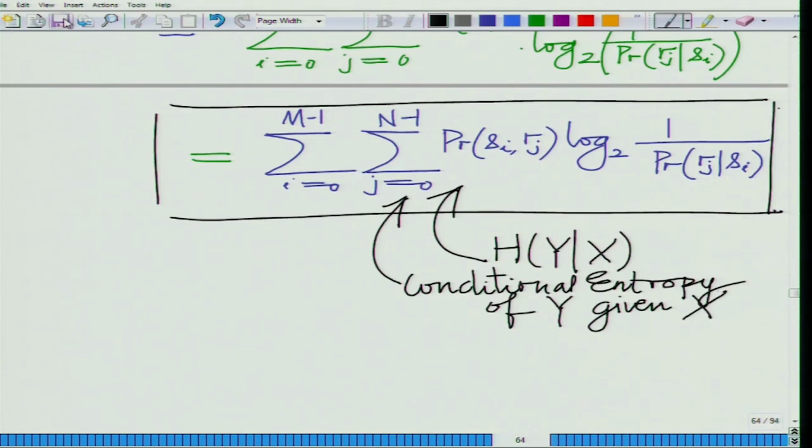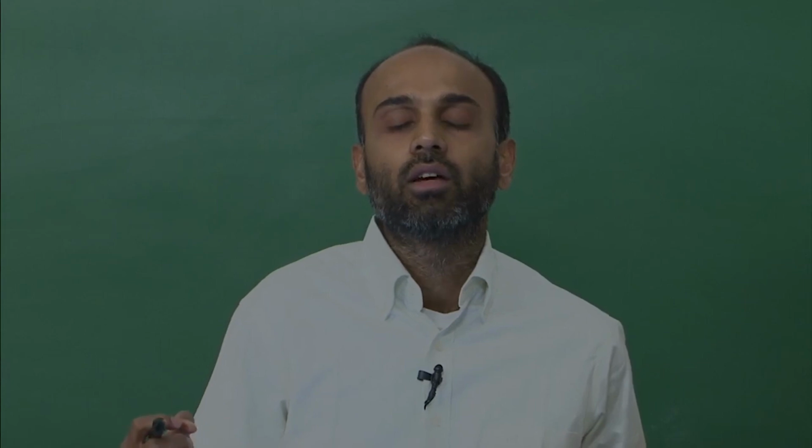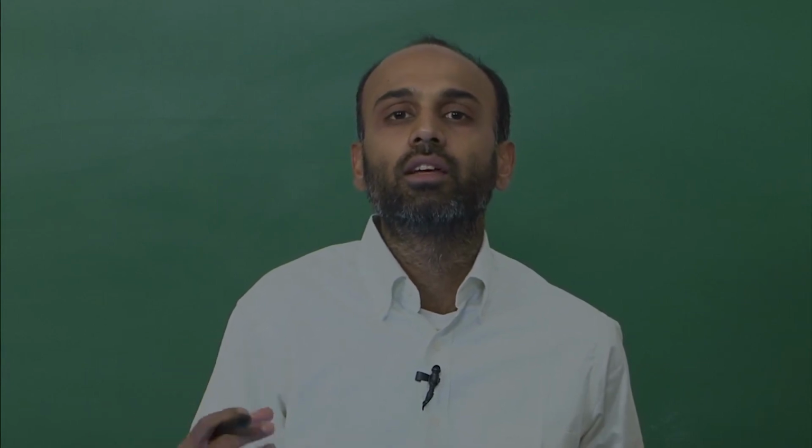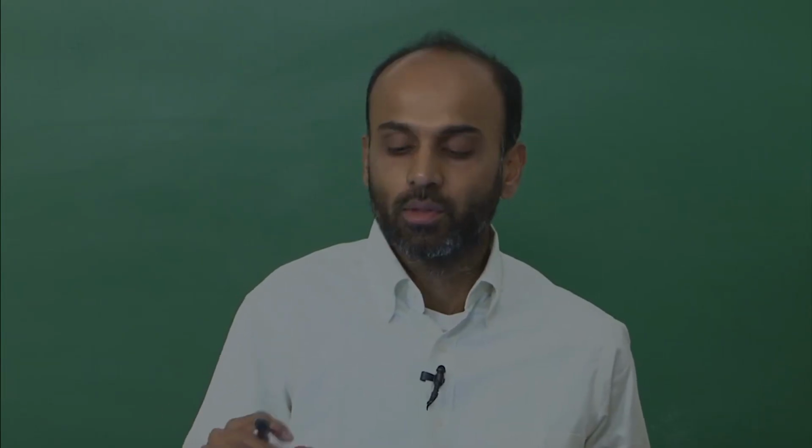So, this is basically the uncertainty in y, correct, the uncertainty in y given x, okay. Having observed x or having given the source x, what is the uncertainty in y, okay. So, this is the definition of conditional entropy.